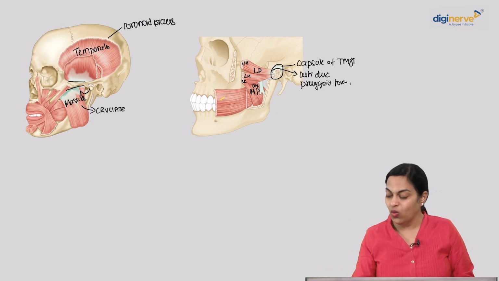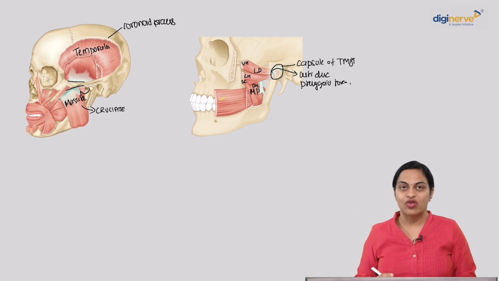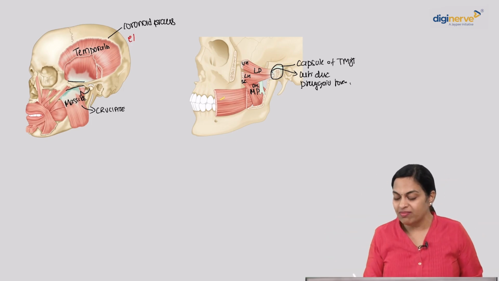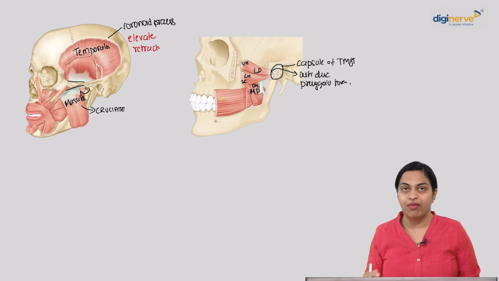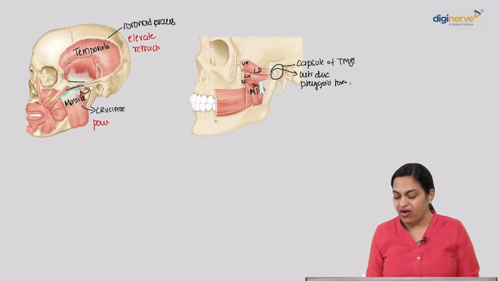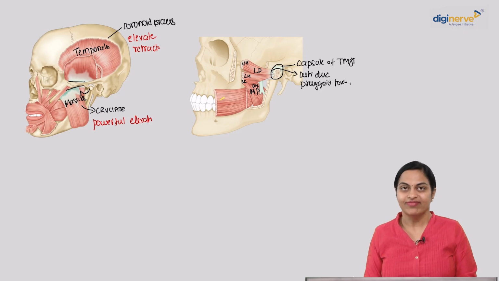Fine. Now, let us look into the actions. So, temporalis coming from above will elevate the mandible. The posterior fibers of the temporalis will pull it back, retract the mandible. The masseter is a powerful elevator of the jaw. Okay.